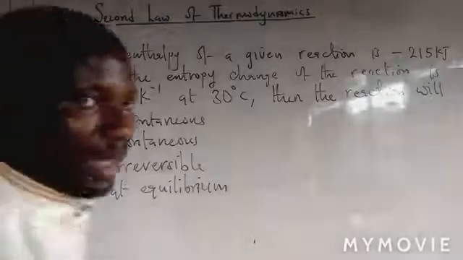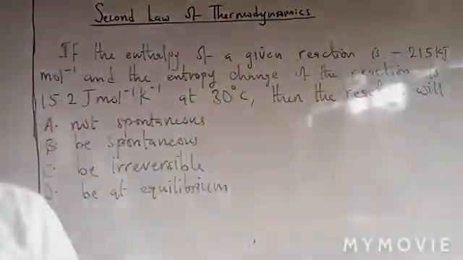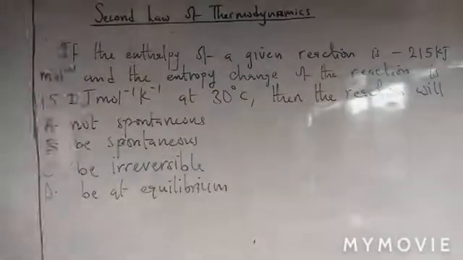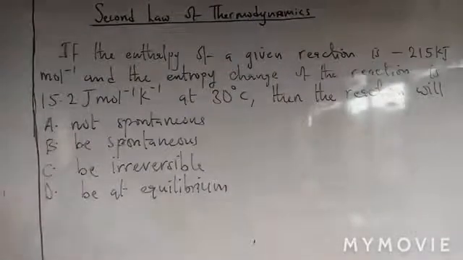All right, now let's solve the problem. Okay, let's read the question again and get the major thing that we need to do. We want to show whether the reaction is spontaneous or not, or whether it is at equilibrium.